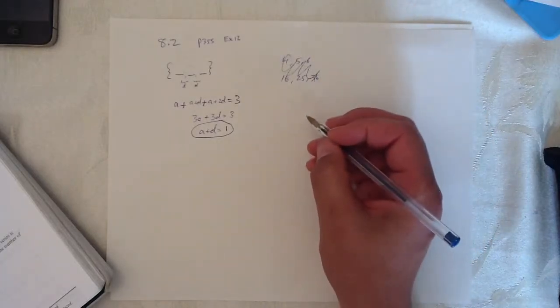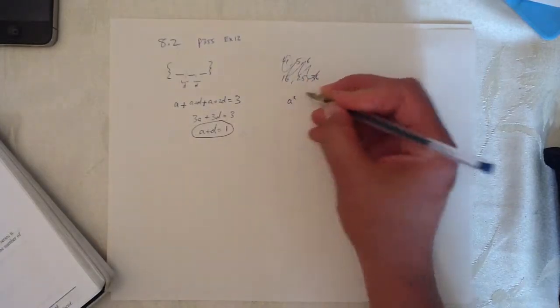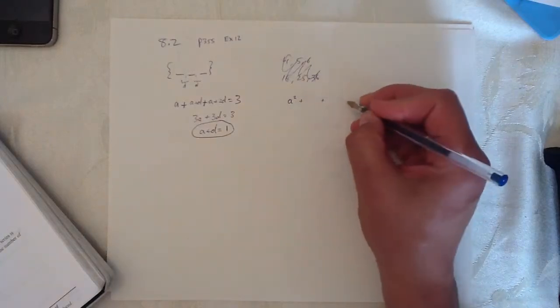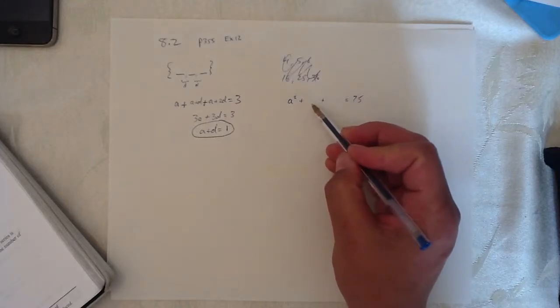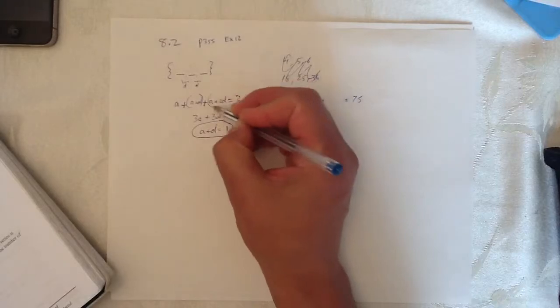So what are those numbers again? The first one we call a. So a squared plus the next number squared plus the next number squared will equal 75. Well, the next one up here is a plus d. That's our second term, and that's our third term.